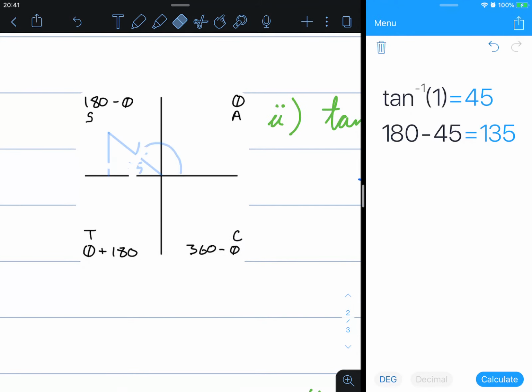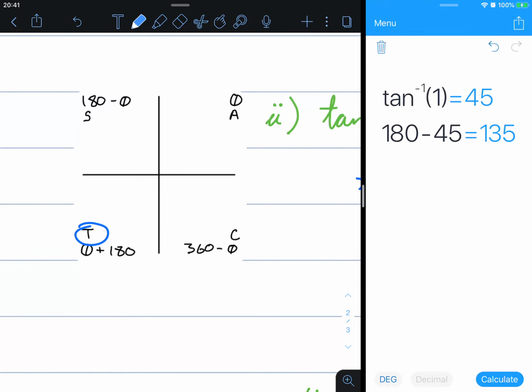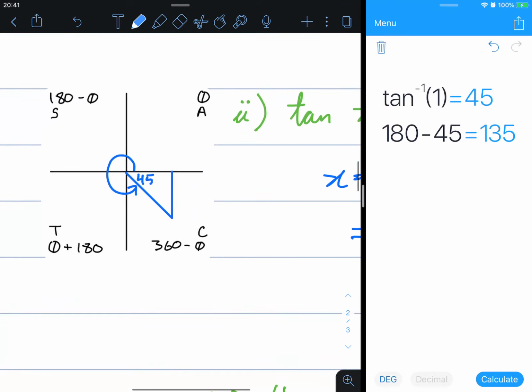And another quadrant where tan is negative, well, it's not the third quadrant because tan is positive here. Another quadrant where tan is negative is the fourth quadrant. So we'd want an angle like this, where that's 45, but we need to measure this angle beginning from the initial. So this is going to be 360 take away 45 degrees.